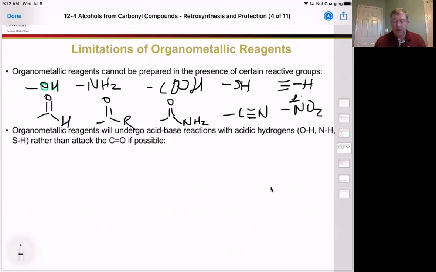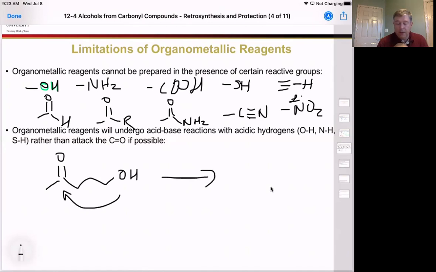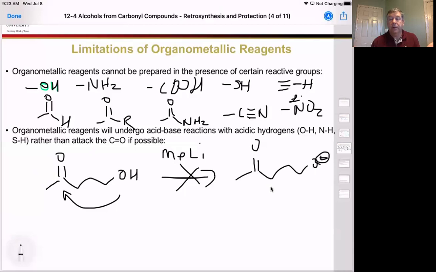Okay, the next thing I want to talk about is that you cannot do anything on these systems where you have a carbonyl group you want to attack, but you can't have any of these other groups present. So for example, if we had this compound here, and we wanted to react it with a nucleophile to attack just this thing using methyl lithium to give us our tertiary alcohol at the end of this chain, this reaction will not happen because what's going to happen is it'll deprotonate the alcohol and make it the salt, and then nothing else will happen in the reaction.